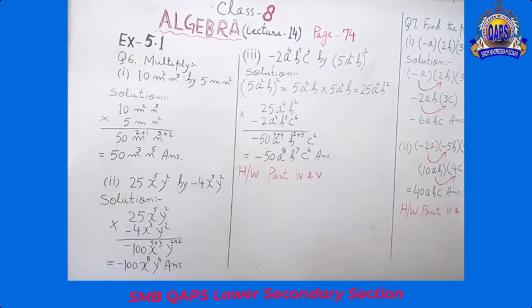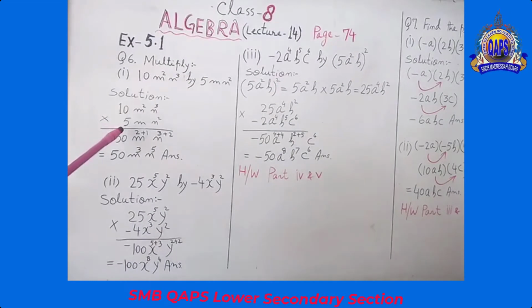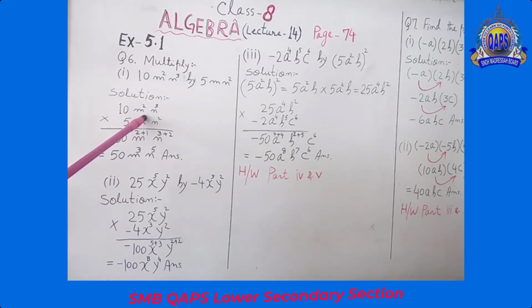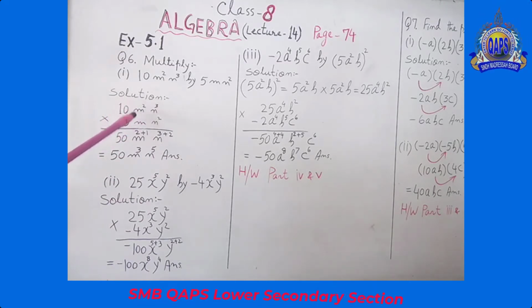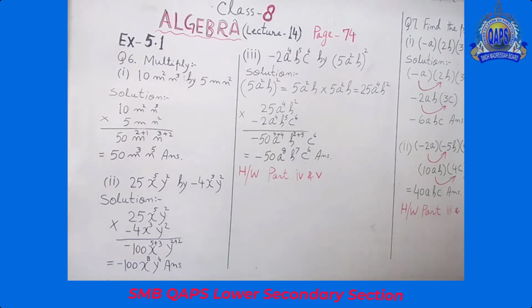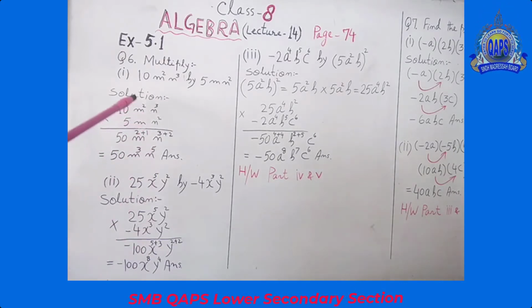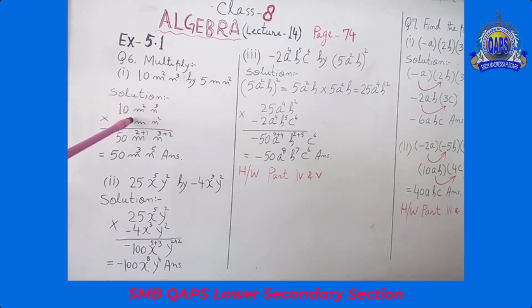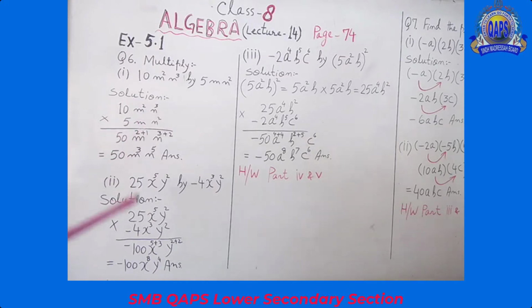So 5 tens are 50, m power 1 multiplied by m power 2. It will be m power 2 plus 1. As I told you that when we multiply, the powers will be added. So it will be m power 2 plus 1.